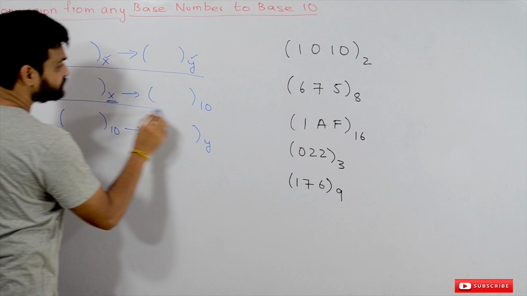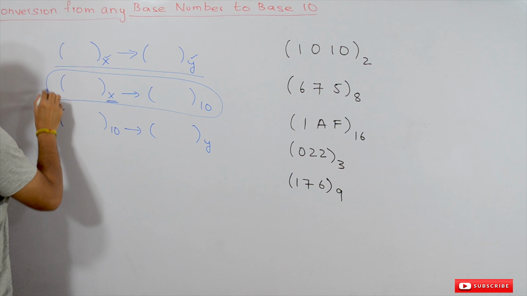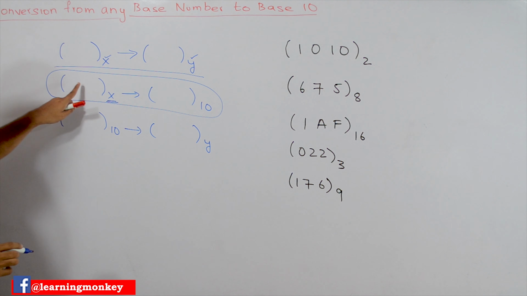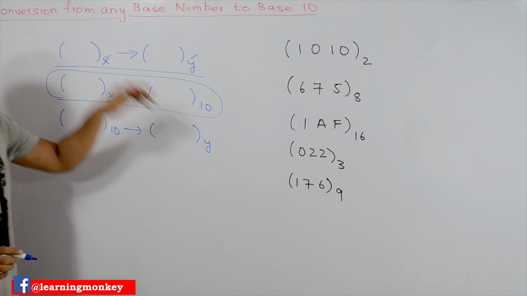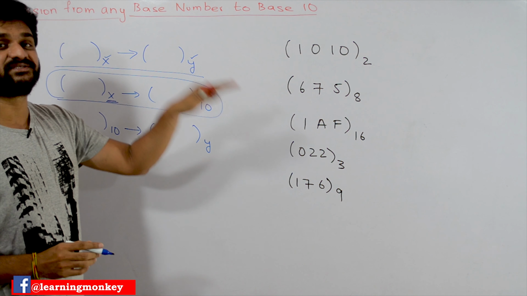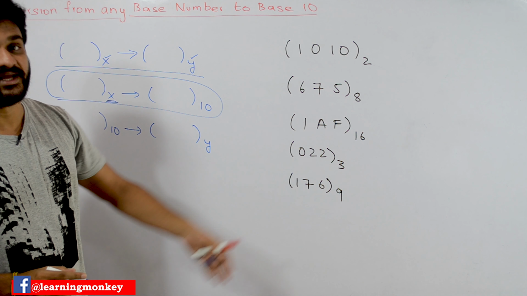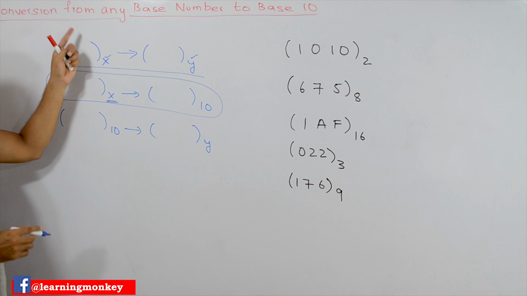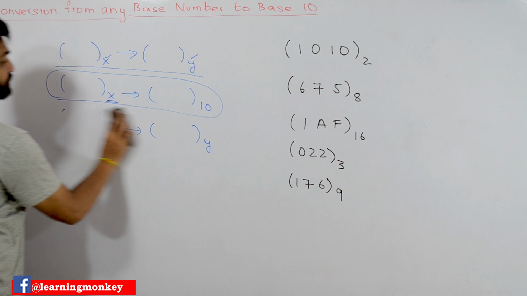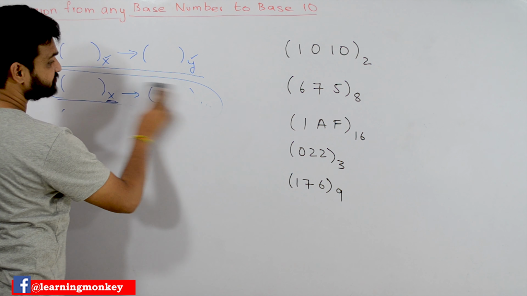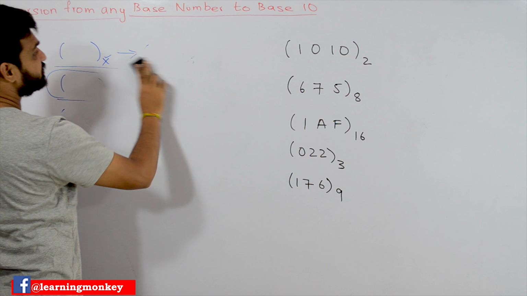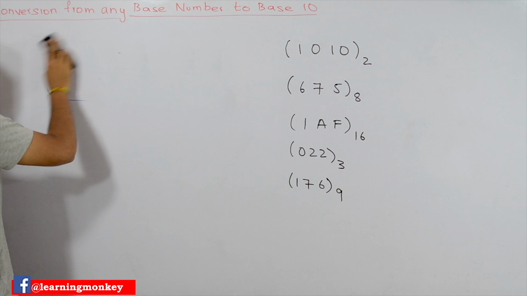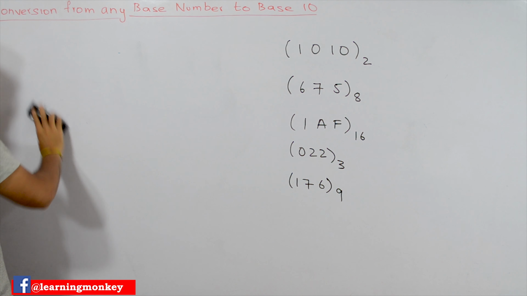In this class we will try to understand this concept: conversion of a number in any base to a number in base 10, the decimal number. Previously, in our previous classes, we have covered how to convert a binary number to decimal number and a decimal number to binary number.